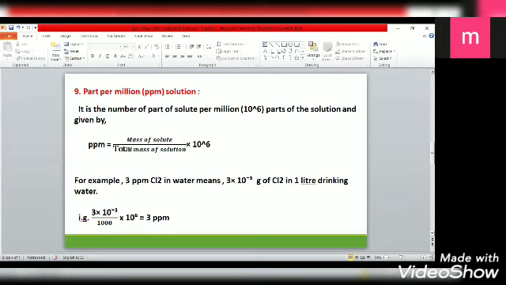Next topic, parts per million. It is the number of parts of solute per million, 10 raised to 6 parts of the solution.